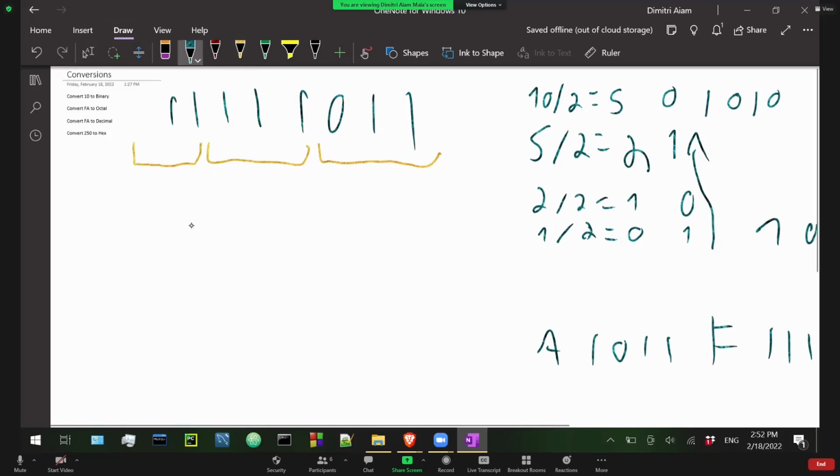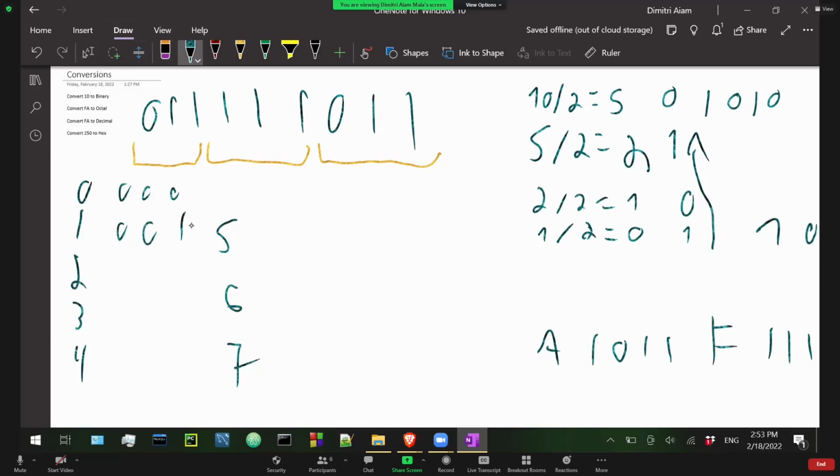We're missing one digit here, so that's a 0. In octal, we go 1, 2, 3, 4, 5, 6, 7, and then 8 is the number 10.